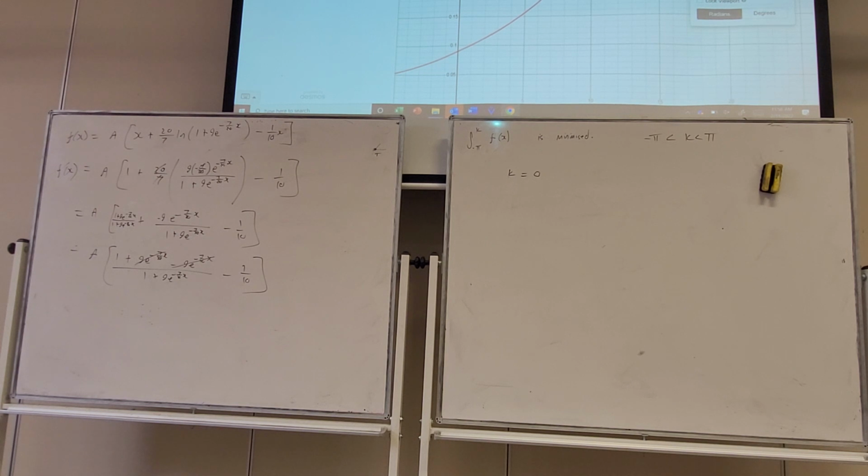Oh, I'm missing an x. 0.09 x e to the minus 0.09. All right, so that's good. That's what the graph looks like.